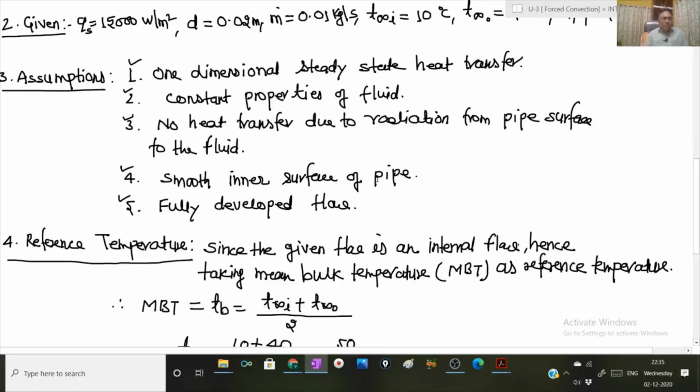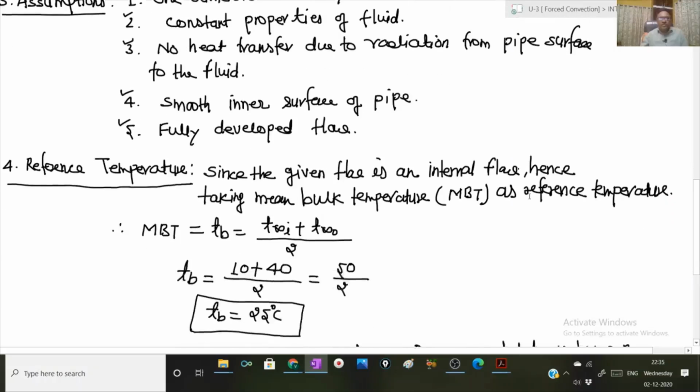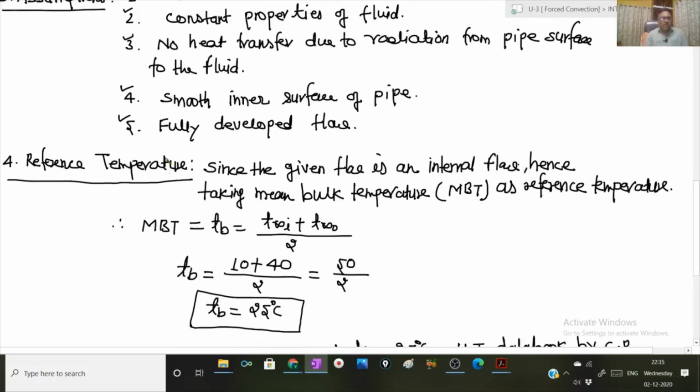Step number 4. Since the given flow of water through the tube is a type of internal flow, as per our convention, we take mean bulk temperature, MBT, as the reference temperature in this case. Mean bulk temperature T_b is calculated as the average of inlet and outlet temperature of the fluid, that is water.